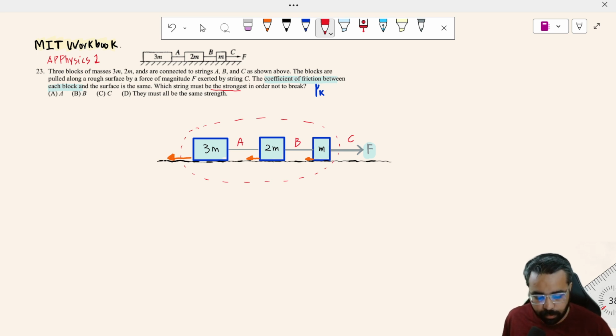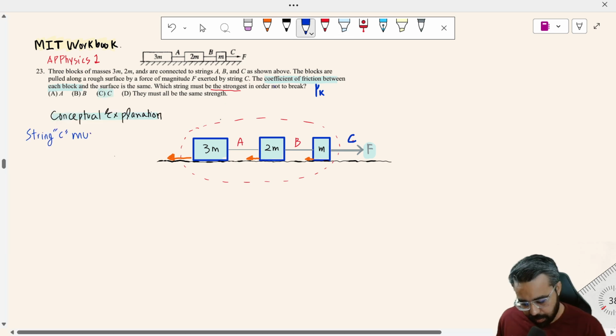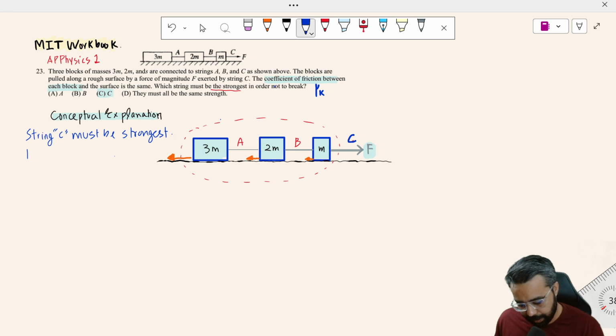So what is the strongest? Obviously, string C must be the strongest. Why? Because it has to bear the total combined mass of all of these blocks, the total mass of 6m.